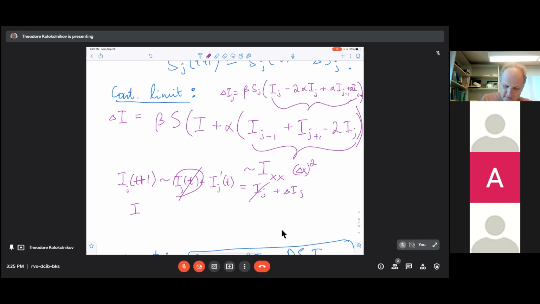This thing and that can cancel out, and I get the derivative with respect to t equal to β S I plus β S Δx squared times I_xx. Notice now that this S, the number of susceptibles, enters into the diffusion coefficient. And the same thing for S_t is equal to just minus those two terms.